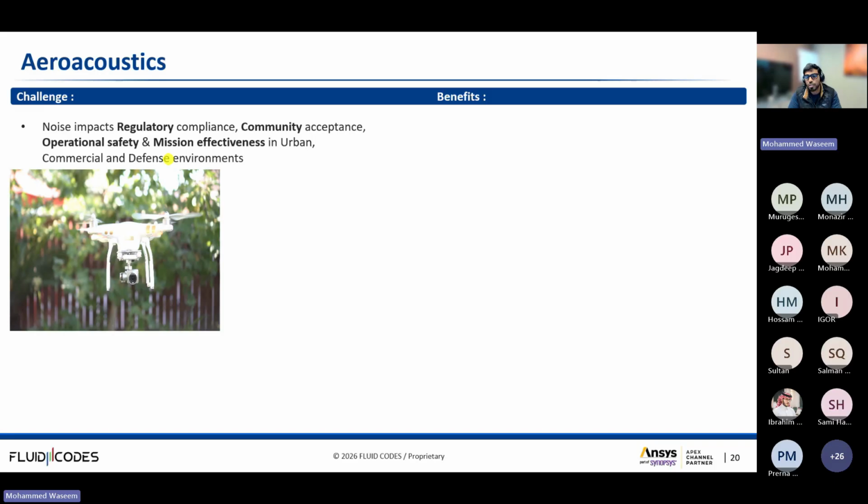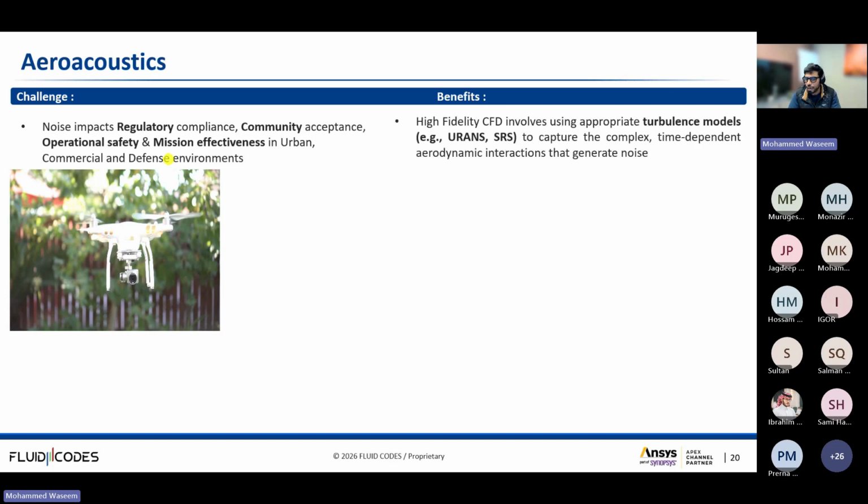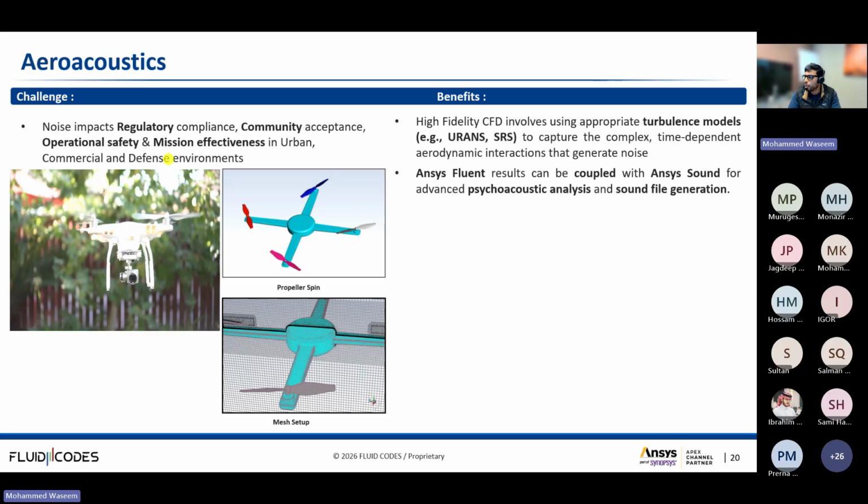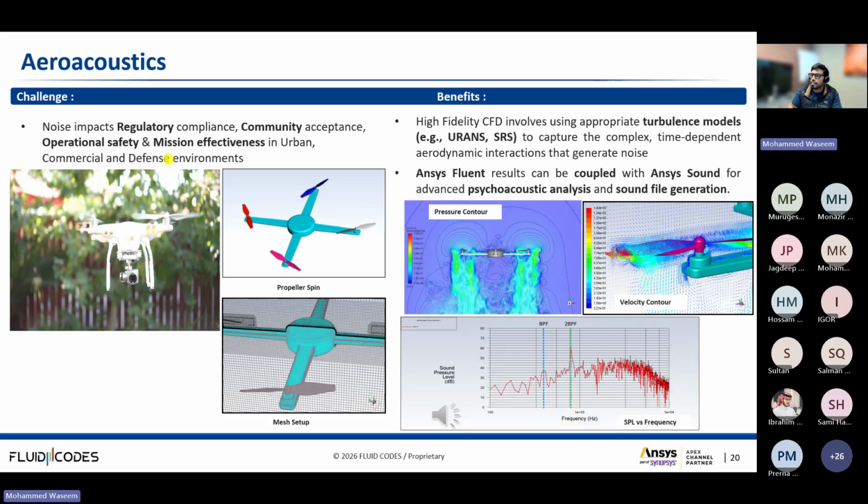So how does ANSYS solve the problem? It's simple. Let me just break down. First, you will have to use ANSYS Fluent to capture the turbulence models like URANS and SRS. So they are going to evaluate the highly aerodynamic interactions that generate the noise.